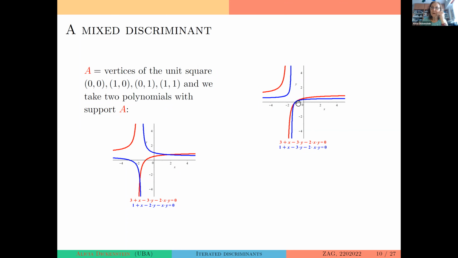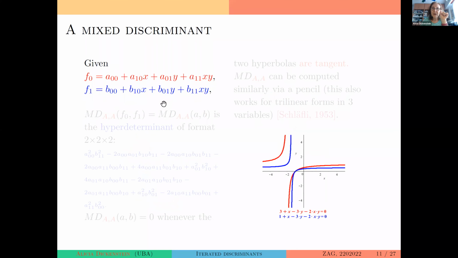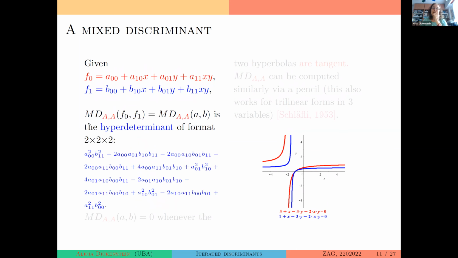So the mixed discriminant will vanish at those pairs of vectors of coefficients for which this is happening. Given f and f1, two such hyperbolas, the mixed discriminant, and I'm using a slightly different notation, is called the hyperdeterminant of format 2 times 2 times 2.